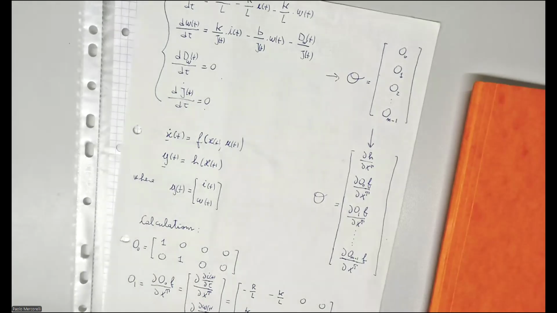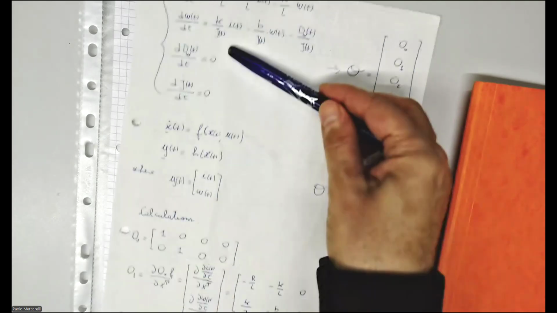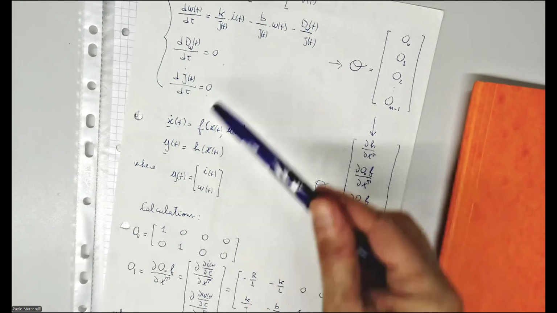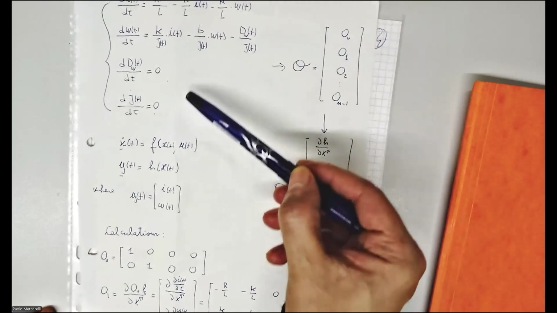But anyway, this aspect we analyzed very well last time. I didn't tell you about the measurements and observability, but intuitively, increasing the measured states, I increase the level of observability because I include more information. And increasing the number of augmented states, I reduce the level of observability because I introduce in the system something which is stochastic.